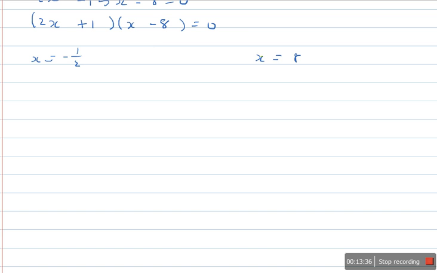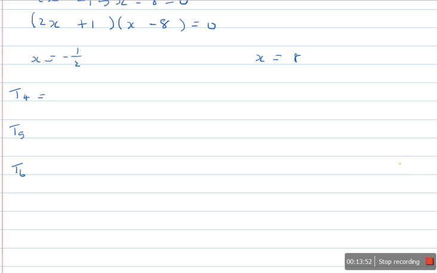Okay, so where x is half, let's see, we were given T4, T5 and T6.